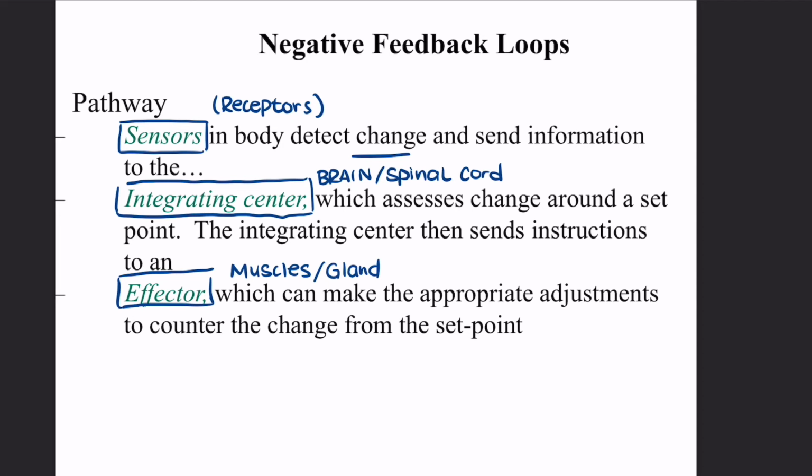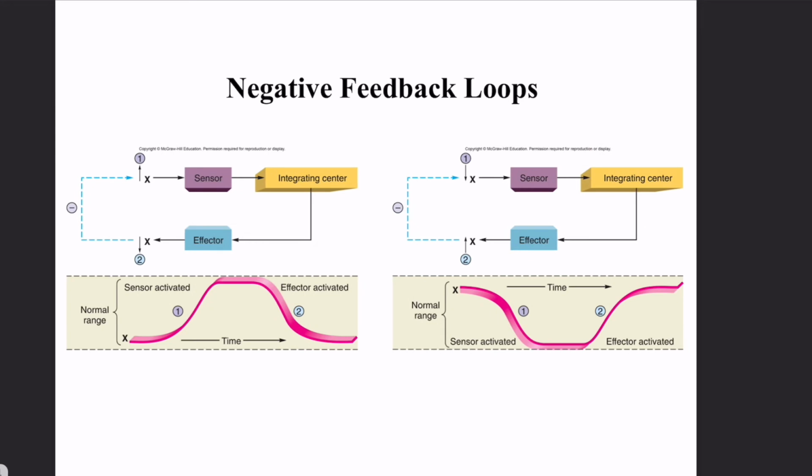In negative feedback loops, the effector usually counters the change that was caused by the stimulus. So let me give you an example here, and we'll continue to use body temperature as an example. Say there were sensors in our skin, for example, that sensed that our body temperature was high.